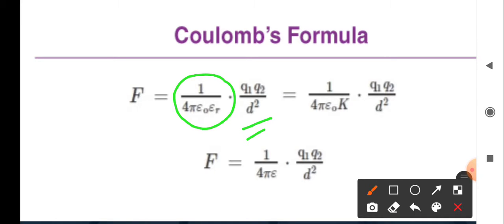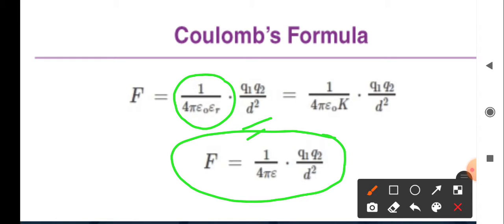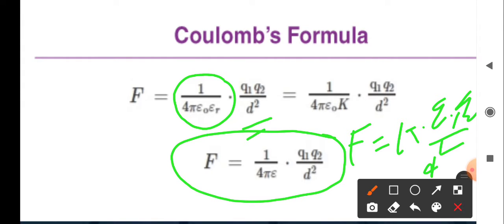When we solve, we get F is equal to 1 by 4 pi epsilon into Q1 Q2 by d square, or it is also written as F is equal to k into Q1 into Q2 by d square. That k is what? Proportionality constant.